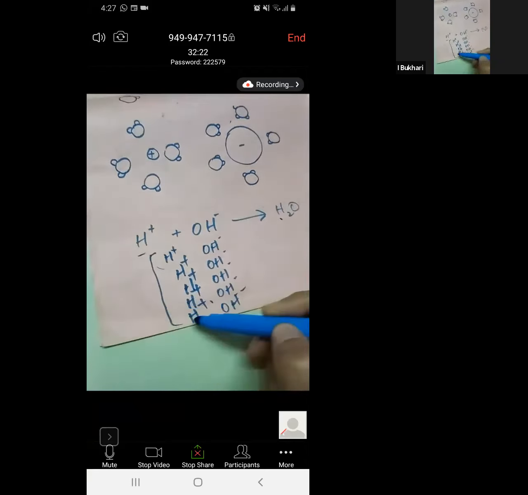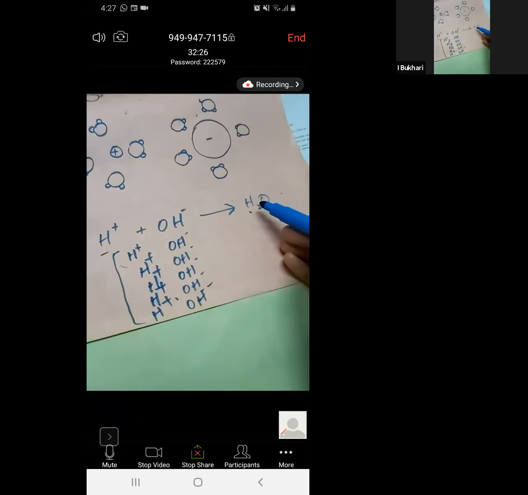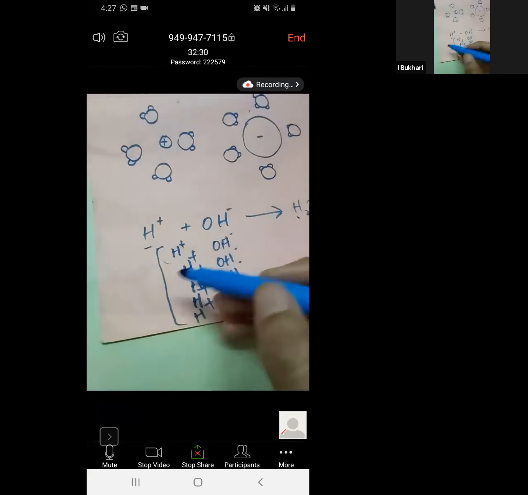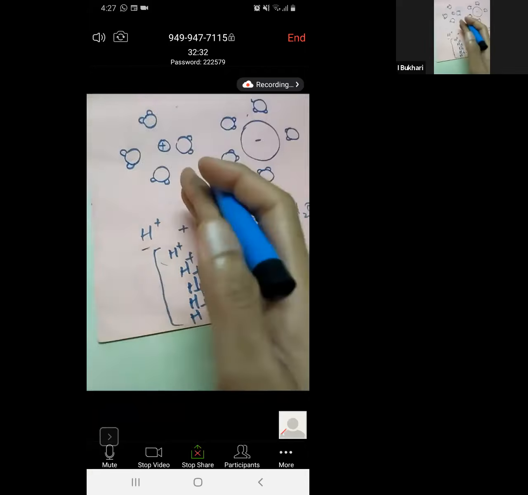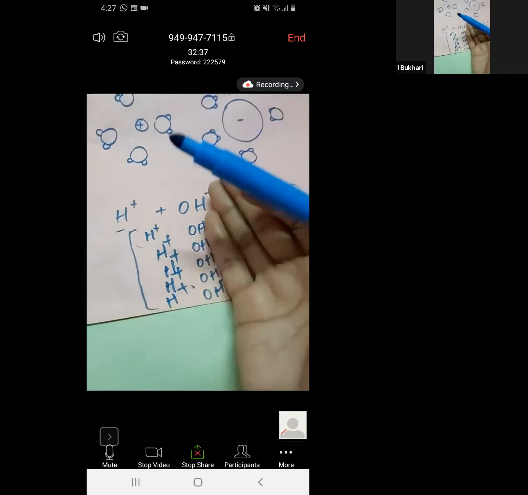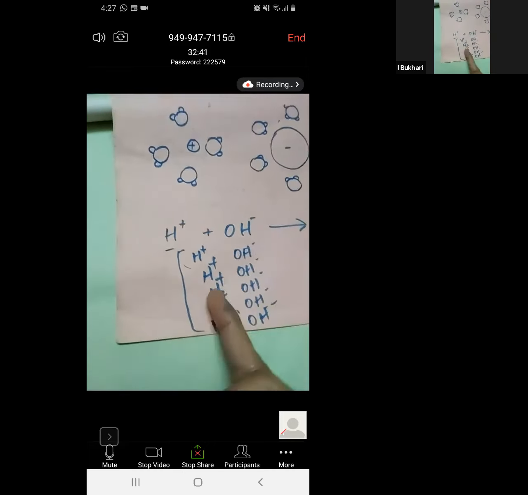This is when the temperature was increasing, as they were reacting, forming water molecules, heat was being released, right? Now all the hydroxide ions have been used up, because you're not adding any more hydroxide. You're adding acid, that means you're adding hydrogen ions.